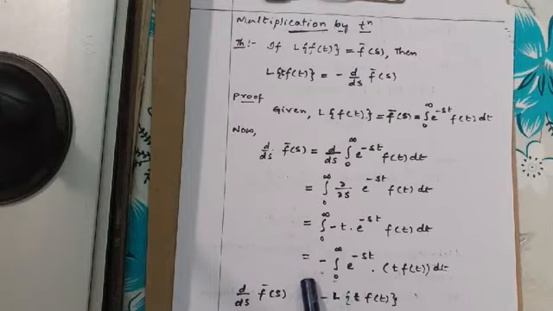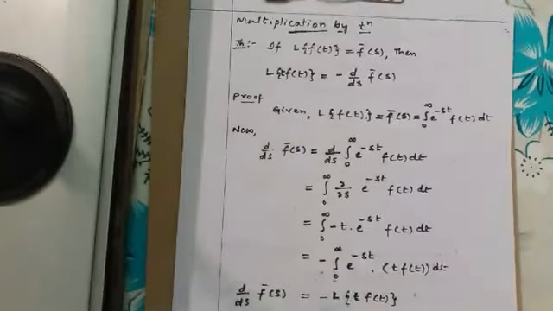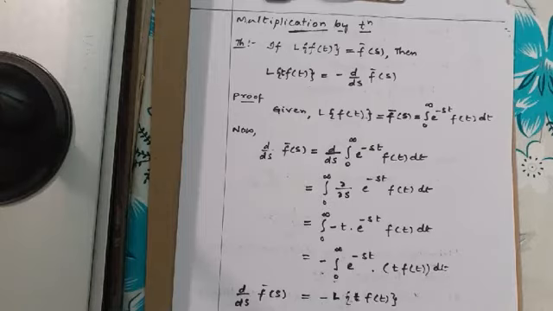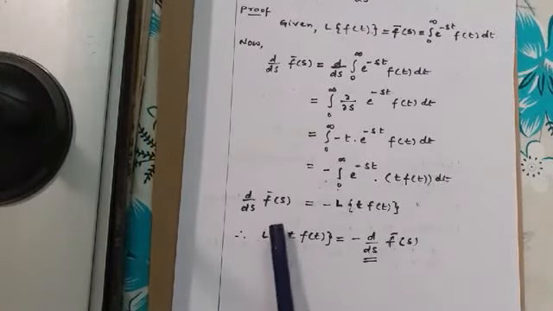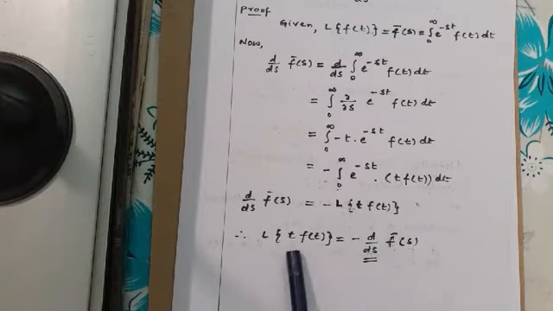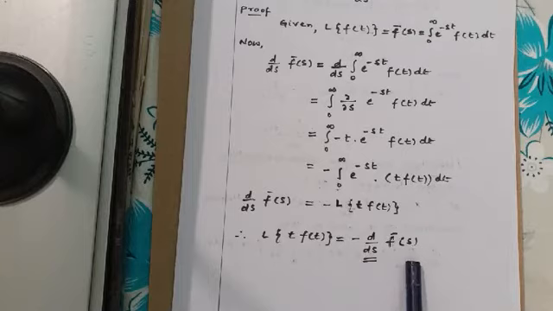This minus goes outside, e power minus st, and this t I am writing with f of t. This is nothing but in the form of Laplace. So I can write Laplace of t into f of t. Then Laplace of t into f of t is equal to, I take minus to the other side, minus d by ds of f bar s. So hope you have understood this.